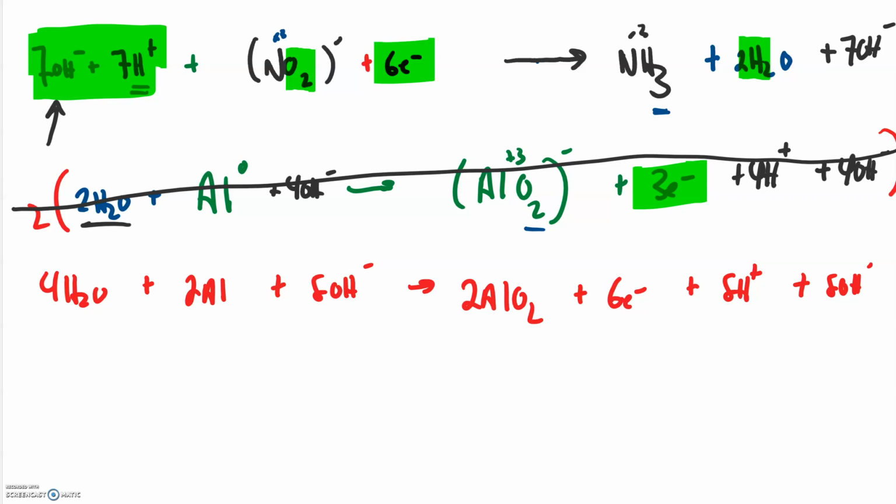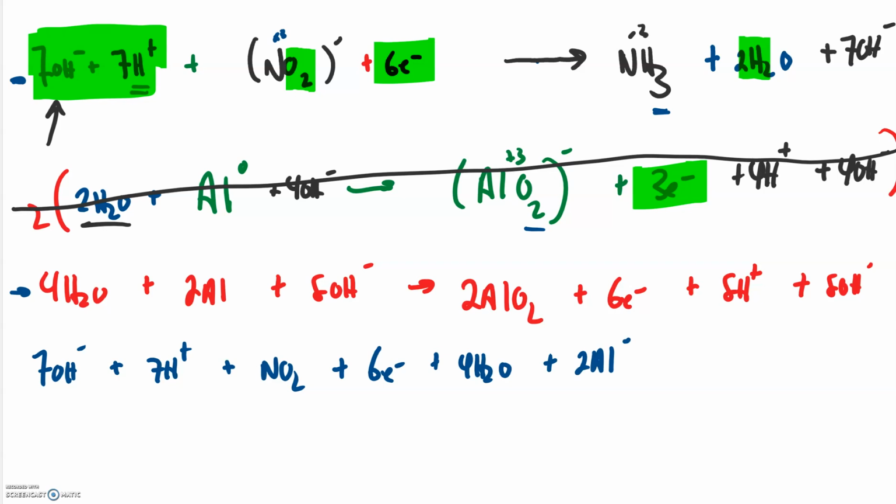So on the reactant side, 7 hydroxides, 7 H pluses, and O2, 6 electrons. That's this side right here. Now we're going to add these. Here are 4 H2O, 2 aluminum, and 8 OH minus. That's just the reactant side.